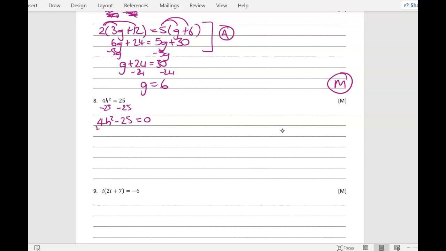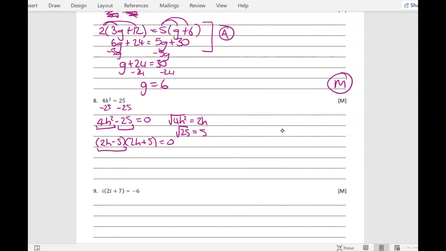And just noting, 4h squared is a square number, so is this 25. This is actually a difference between two squares. So the square root of 4h squared is equal to 2h, and the square root of 25 is equal to 5. So that means our brackets are going to be (2h - 5)(2h + 5). That there is going to come to 0.